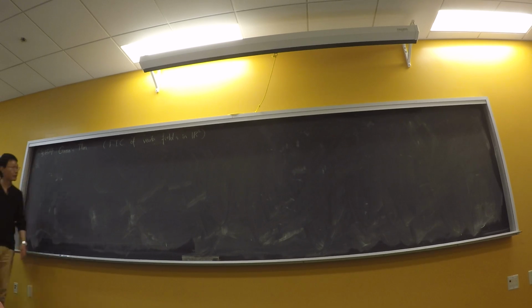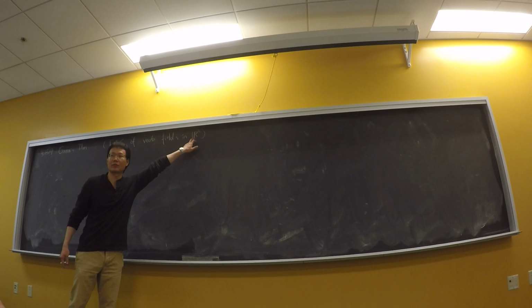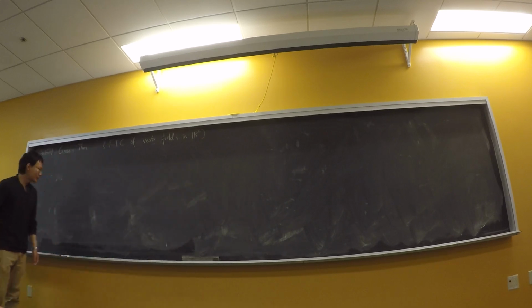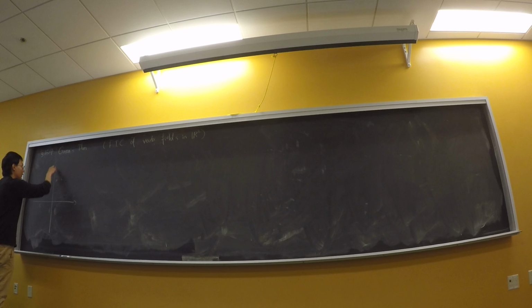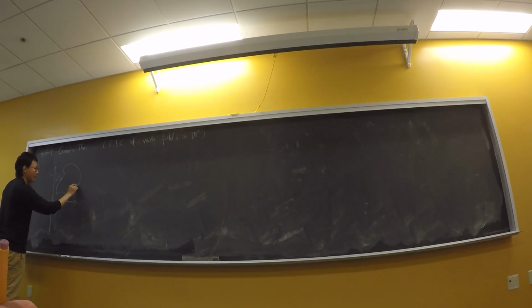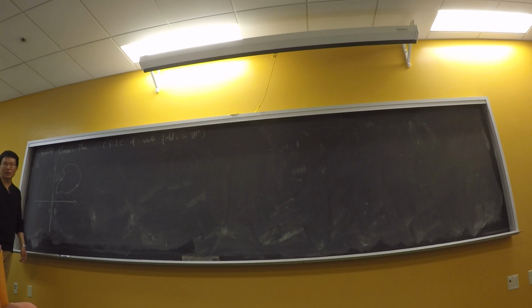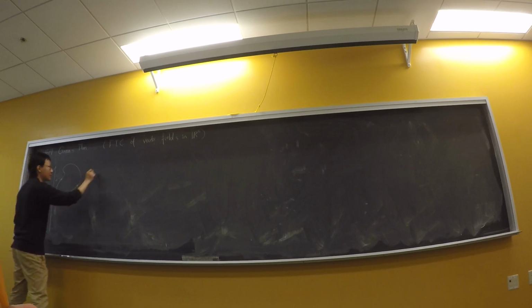But I want to begin from the easier case, which is the vector field in R2. So in R2, I still have any given curve. But now I want to make it even simpler. I want to have a closed, smooth curve, oriented in the counterclockwise direction. So this is my C.